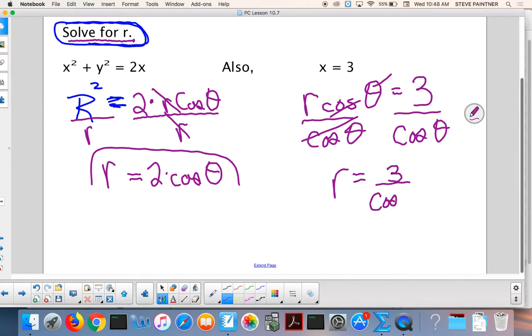Now, hang on. If I asked you to graph something like this, you wouldn't want to graph 3 over cosine. So we want to clean it up using maybe our identities we used way back in chapter 5. Do you realize that 3 over cosine is the same as 3 times 1 over cosine?